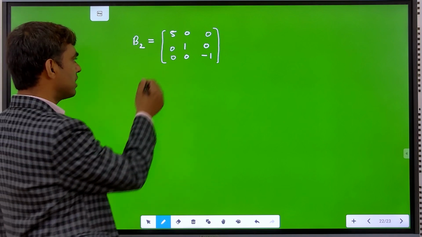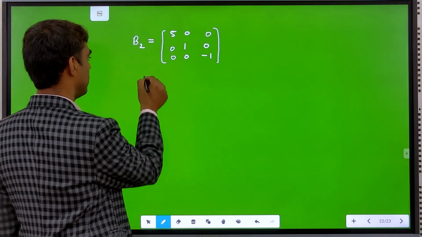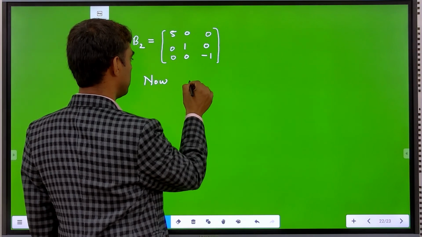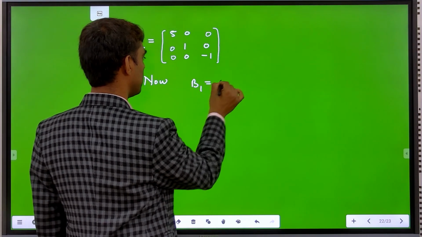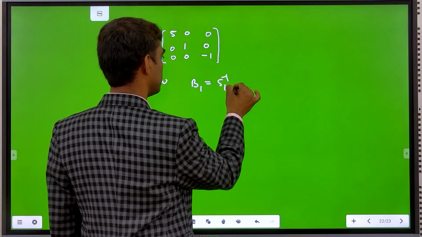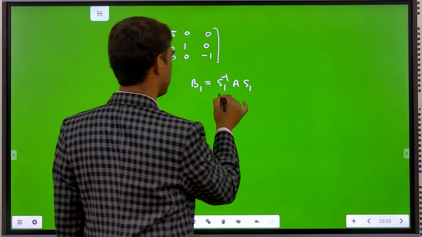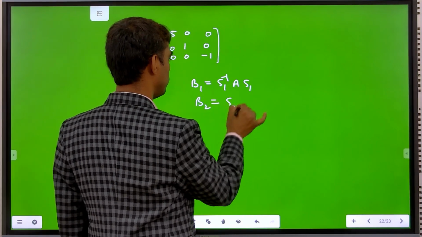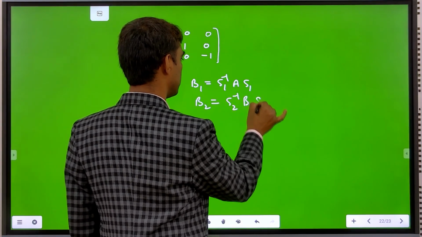If we examine this matrix, B1 equals S1 inverse A S1 and B2 equals S2 inverse B1 S2.